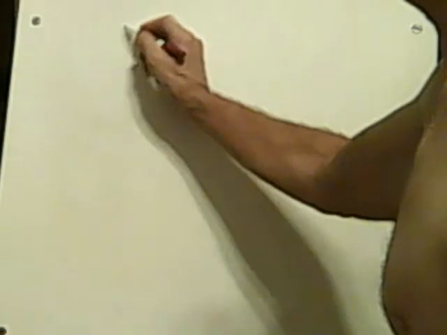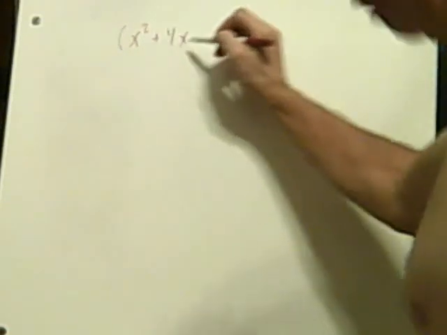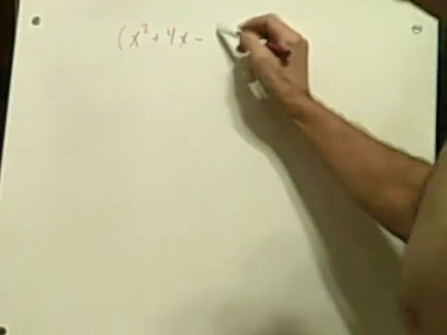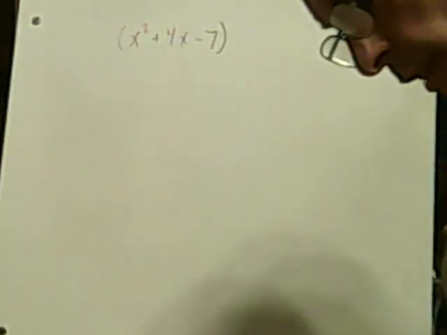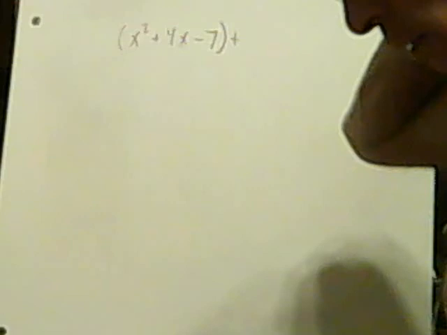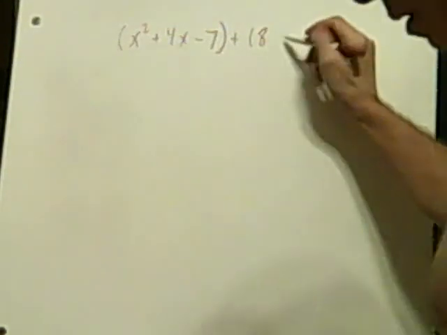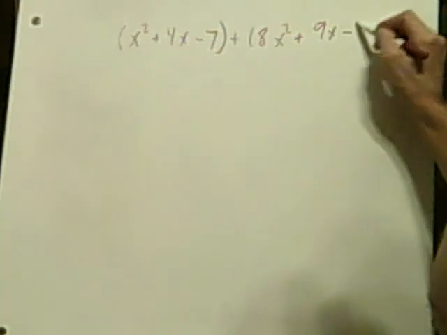Now let's go to 26, where the objective here is to add them. Once again, we've already been doing this for quite a while, manipulating terms. Maybe we were manipulating terms with actual numbers, but I thought we were doing it with these also, like when we had to solve these equations. 8x squared plus 9x minus 7.